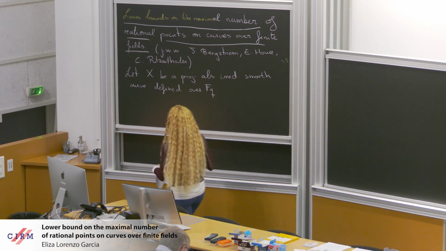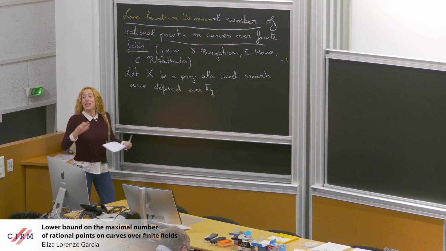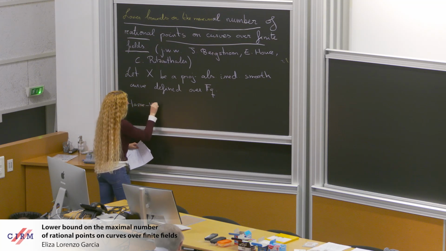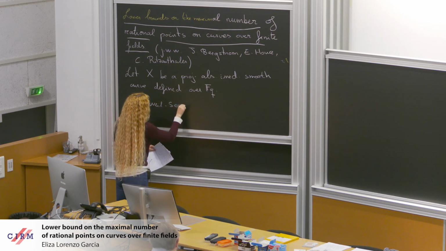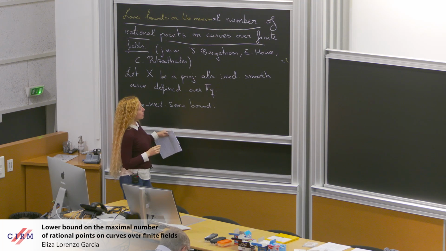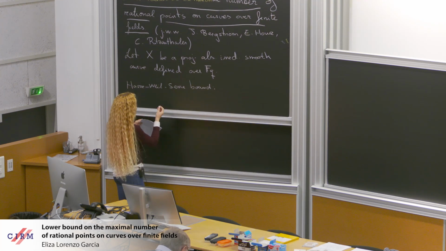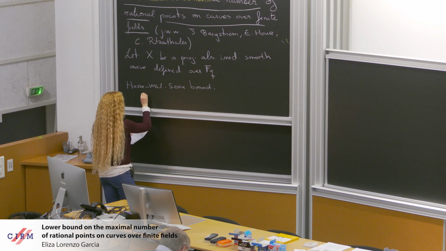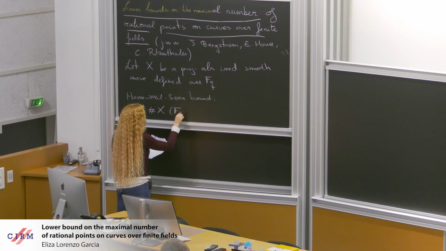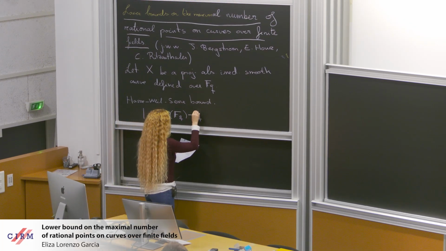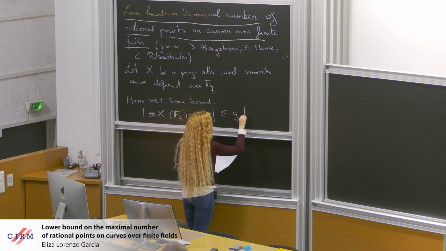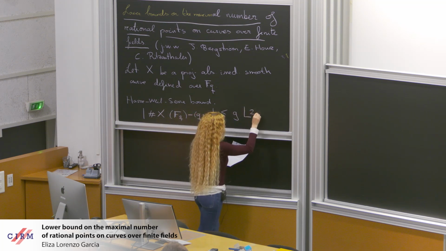This is given by the Hasse-Weil bound, that tells us that when we have such a curve, the number of points of the curve satisfies: the number of points minus q plus 1 is less or equal than g times the integer part of 2 square root of q.